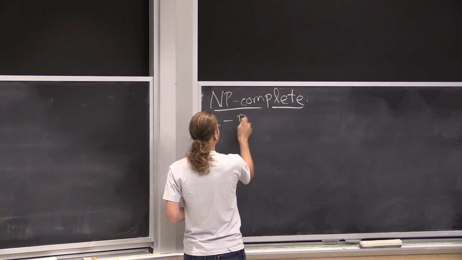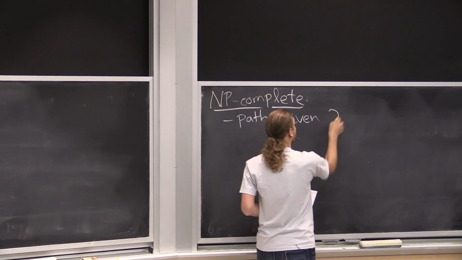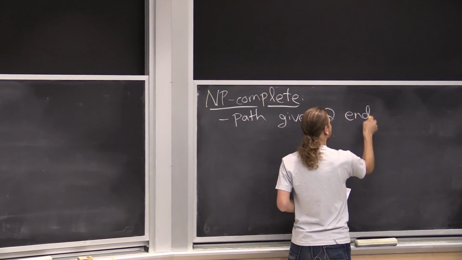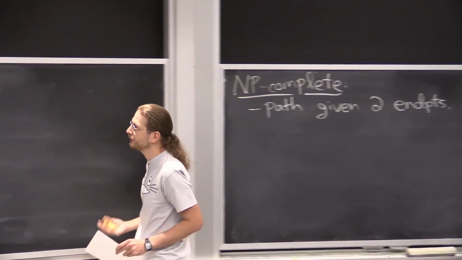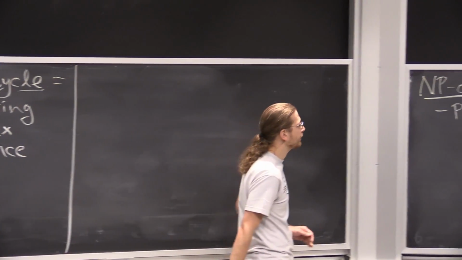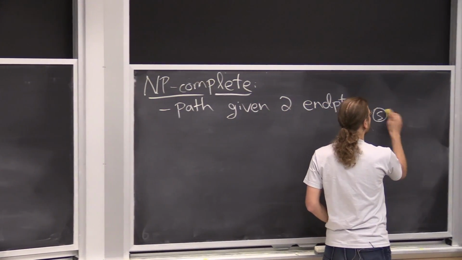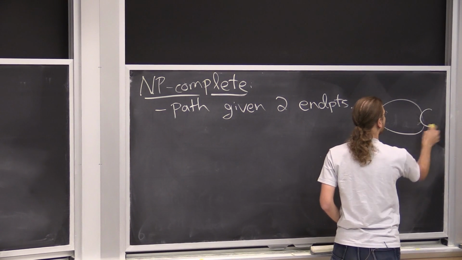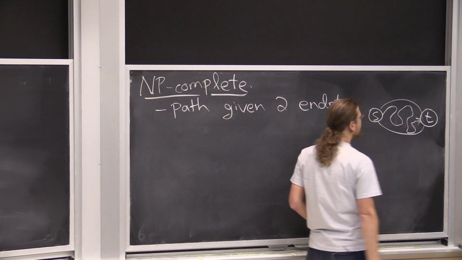For example, if you're looking for a path and you're given the two endpoints, so normally you say, is there a Hamiltonian path or is there a Hamiltonian cycle? Those are both hard in general graphs. But if I give you a graph and I give you two nodes S and T, I want to know, is there a path that starts at S, ends at T?